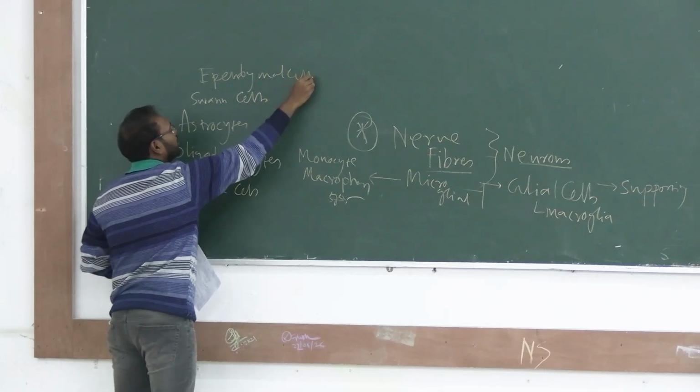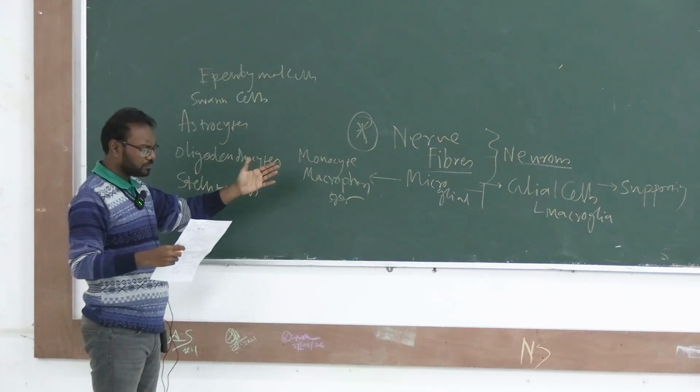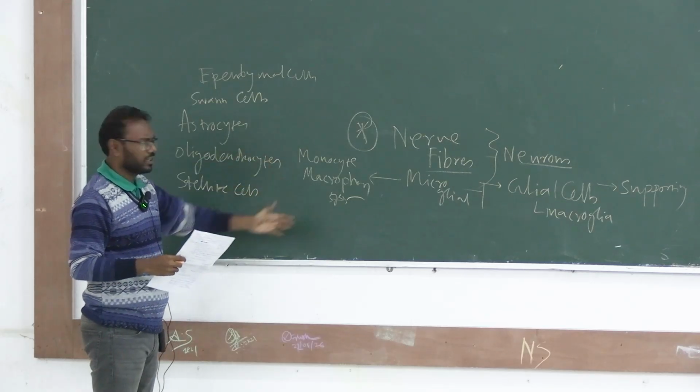So these 5 kinds of macroglial cells are there, and microglial cells don't have any subdivisions.